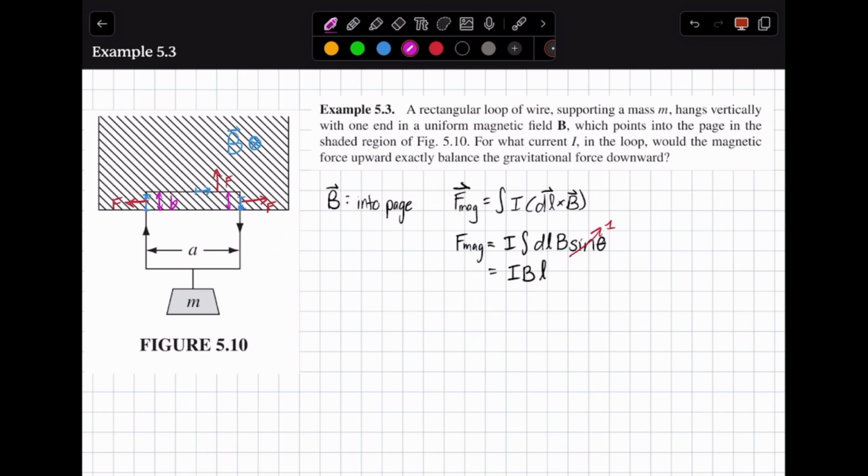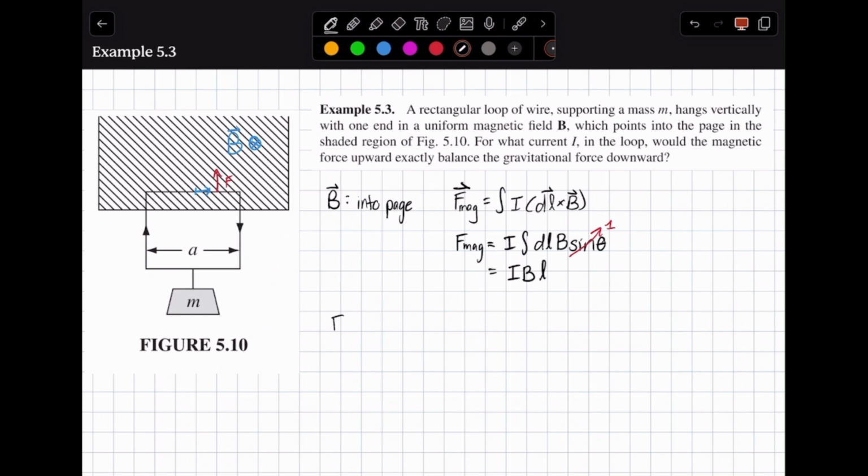And so by our definition of the magnitude of the magnetic force, these segments are going to counteract each other, and these forces are going to cancel. So we're just left with this force upwards due to the top segment.